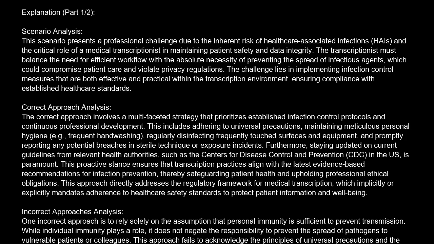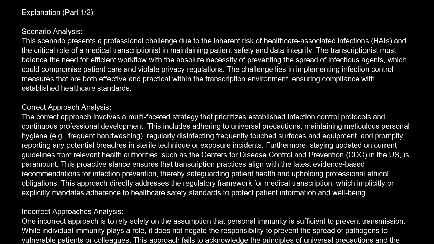Correct approach analysis. The correct approach involves a multifaceted strategy that prioritizes established infection control protocols and continuous professional development. This includes adhering to universal precautions, maintaining meticulous personal hygiene, e.g., frequent hand washing, regularly disinfecting frequently touched surfaces and equipment, and promptly reporting any potential breaches in sterile technique or exposure incidents.